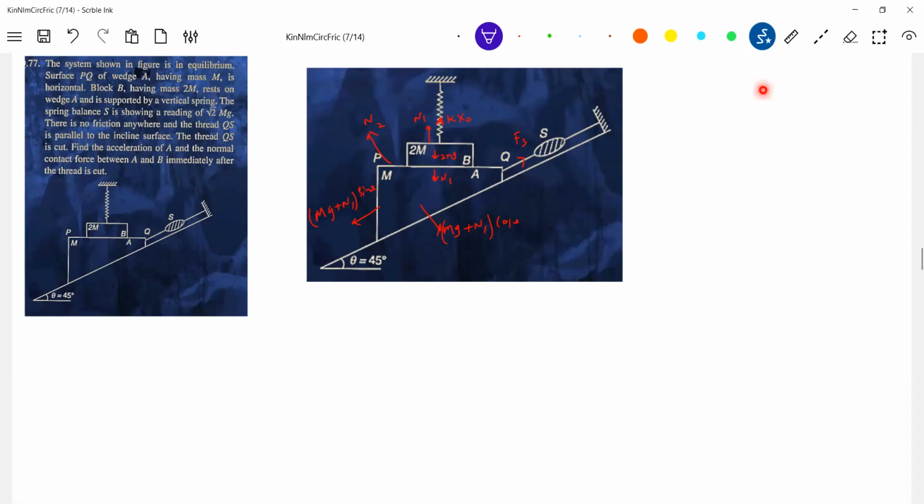And I'll start with the block. N1 plus kx naught minus 2mg equal to 0. So we have to calculate N1 somehow, then we can say about the spring. That's equation 1. Then along the incline on the block A, Fs minus mg sin theta. Fs value is root 2 mg, theta is 45 degrees.